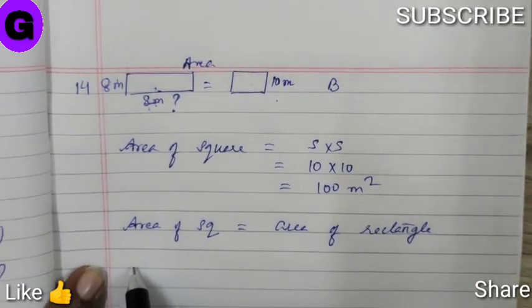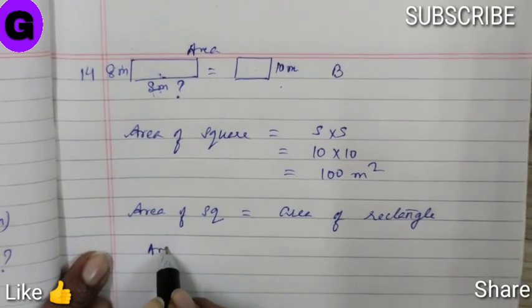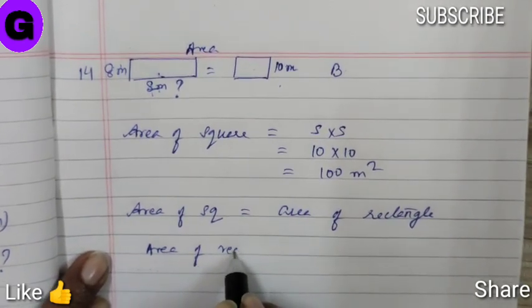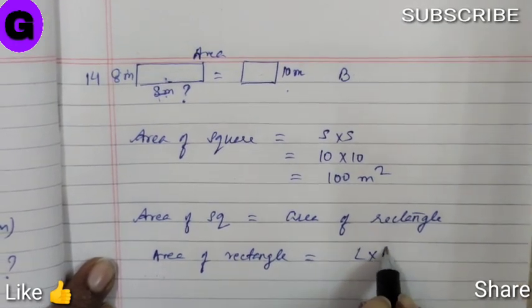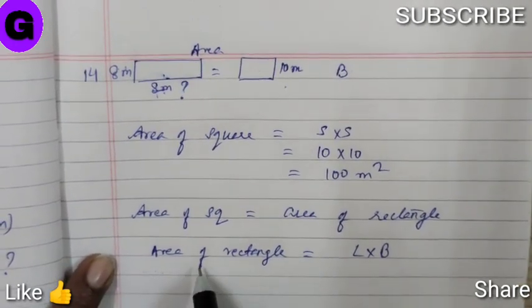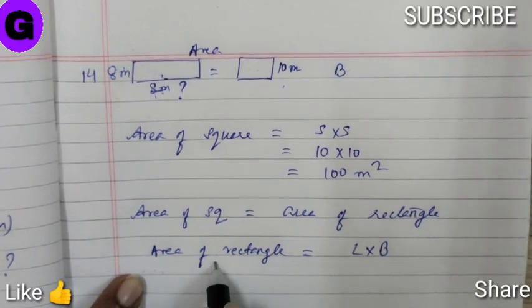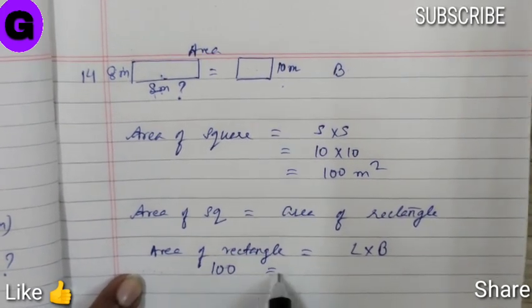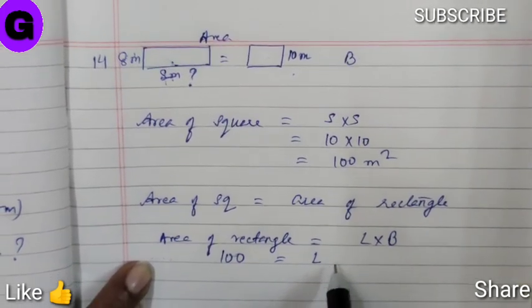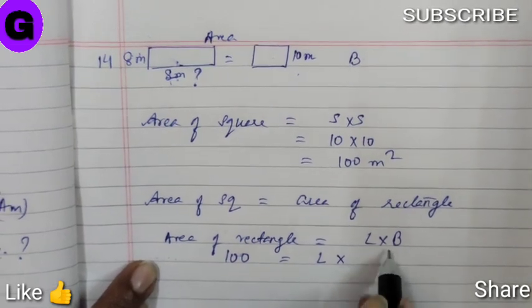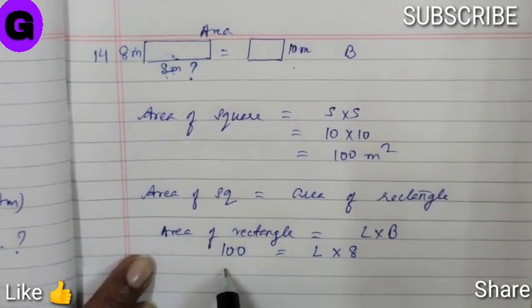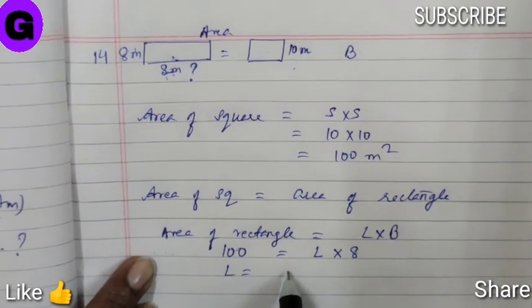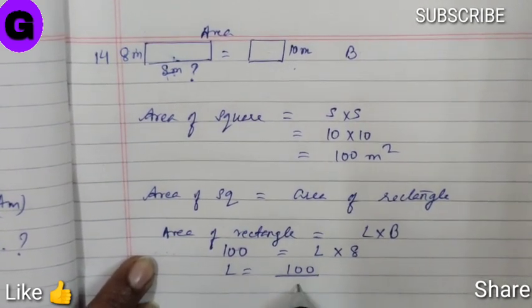So now, area of rectangle is equal to length into breadth. Area we already know is 100, is equal to length, we don't know, but we know the value of breadth, that is 8. So length will be 100 by 8.